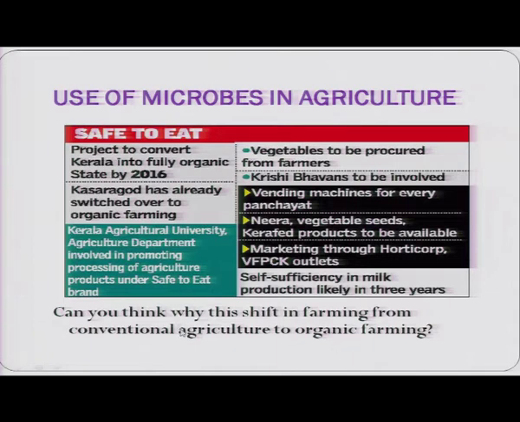Conventional agriculture is the agricultural techniques which we have been using from ancient times. We have been using chemicals like fertilizers, insecticides, pesticides, weedicides for immediate gains, for an immediate increase in production and getting rid of the pest.